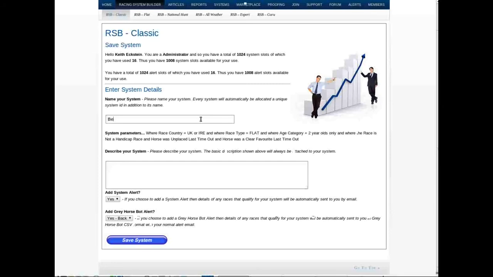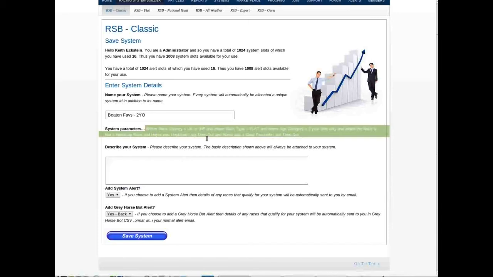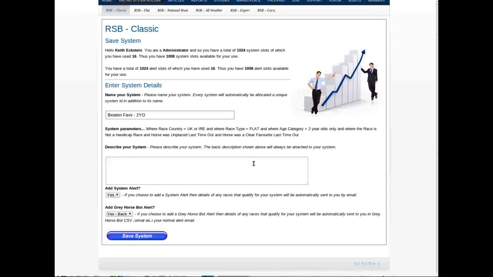I'm going to save this system and name it Beaten Favs 2-year-olds. And once again, I don't need to describe the system too heavily because the system actually describes itself. So I'm just going to say 22% strike rate with a return on investment of 122% and 5 races a week during the flat season.